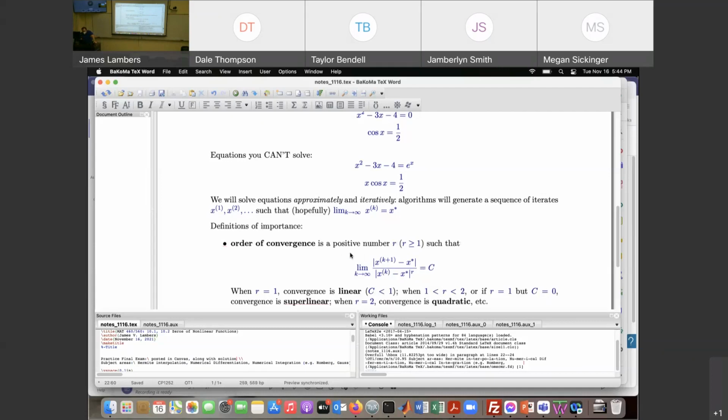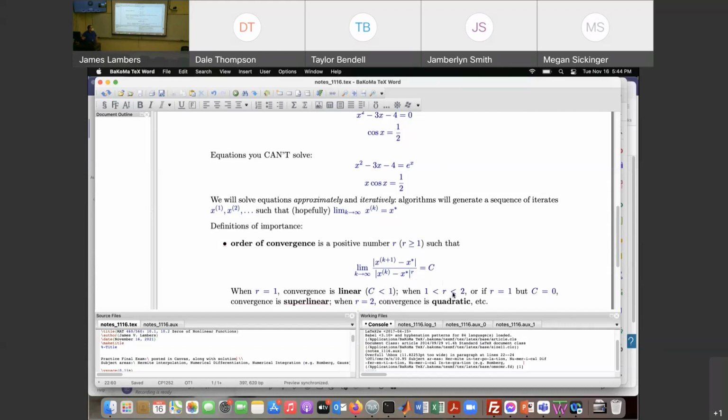Okay, so in the case of linear convergence, this constant c has to be less than 1, because otherwise, if c was equal to, say, 2, for instance, that means that the error is increasing over one iteration to the next. So c has to be less than 1 in that case. But for orders of convergence greater than 1, that's not required. r does not have to be an integer.